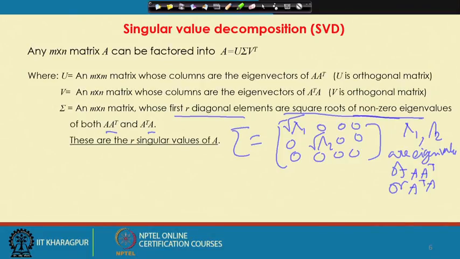To find the non-zero eigenvalues of A A transpose or A transpose A, given A is a rectangular matrix, the square roots of the non-zero eigenvalues are called the singular values of A. And when we decompose the matrix A as U sigma V transpose, where sigma is the matrix comprising the singular values of A, this is called singular value decomposition.